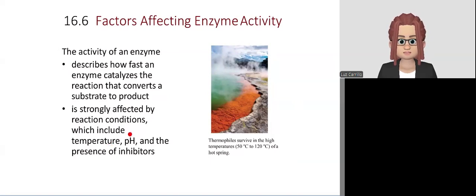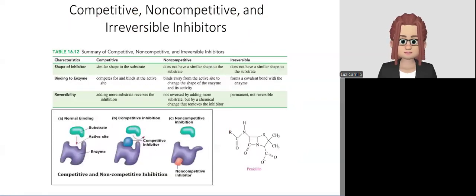In the case of pH, enzymes can work in a variety of pHs, so there is not one specific pH for all enzymes. What we are going to be focusing on as part of this chapter is the presence of inhibitors when we're looking at enzyme actions.